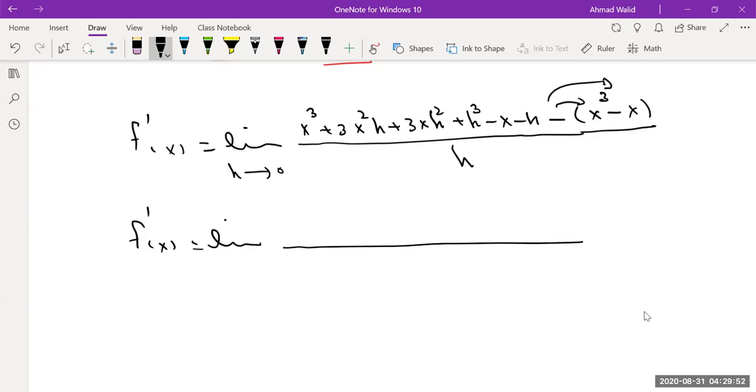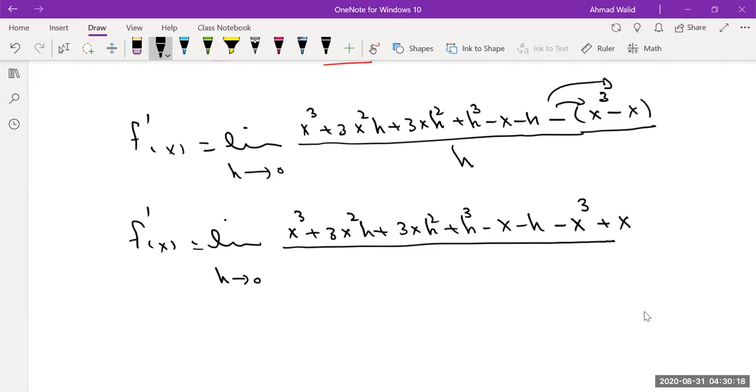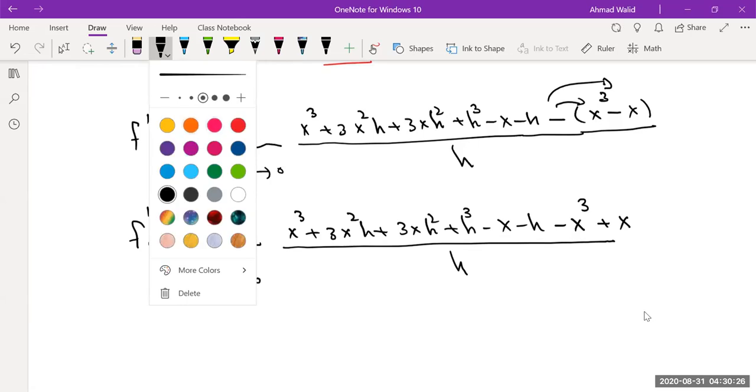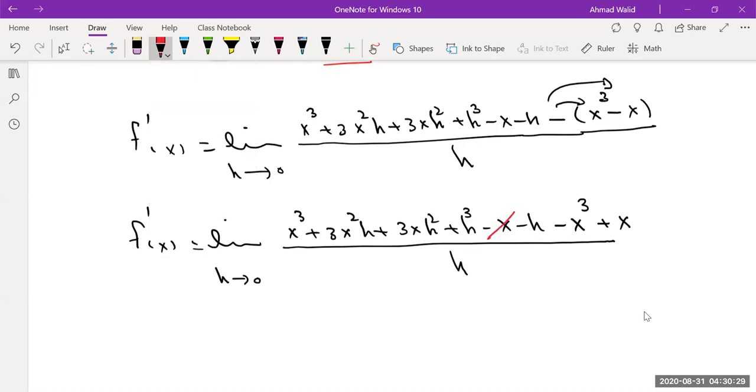Then you can say f prime x equals limit. Let's rewrite everything. I want to show you the steps. h approaching 0, x cubed plus 3x squared h plus 3xh squared plus h cubed minus x minus h, distribute the negative, minus x cubed plus x, correct? Over h. You see here, negative x, positive x, they cancel out.